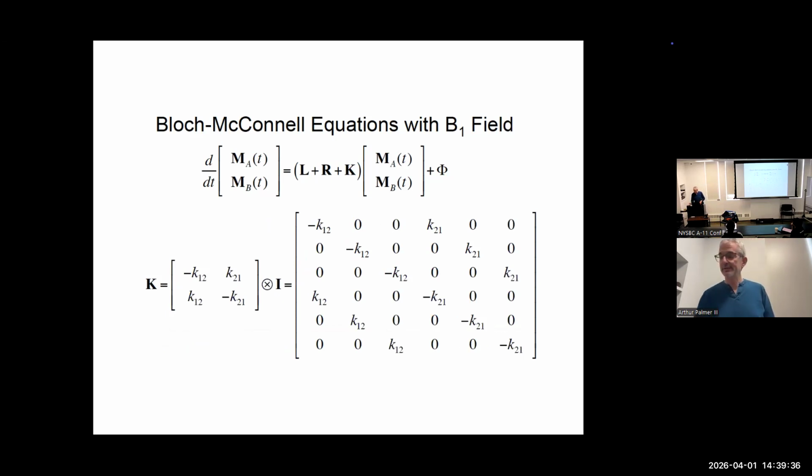Before, for a 2-site jump process, we had a 2x2 rate matrix, and we could solve that analytically pretty easily. But now we have to keep track of X, Y, and Z magnetization in the tilted frame. So for 2-site jumps, we now have the 6-dimensional rate matrix.